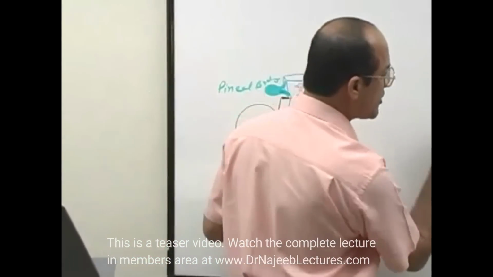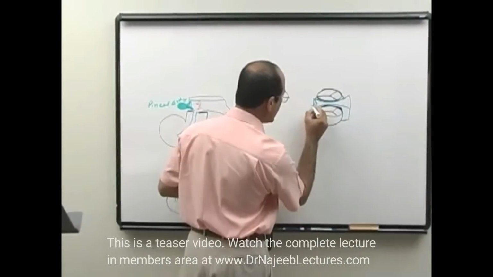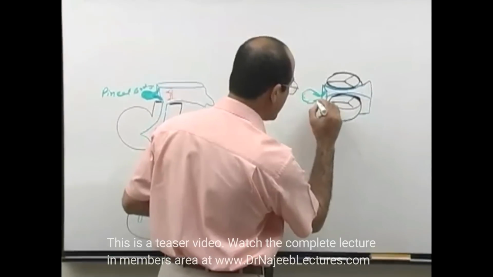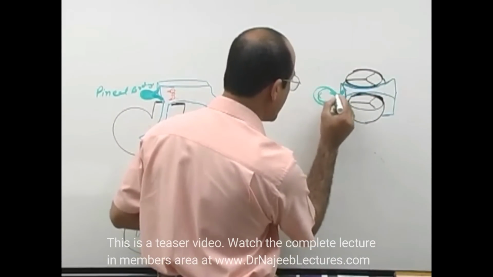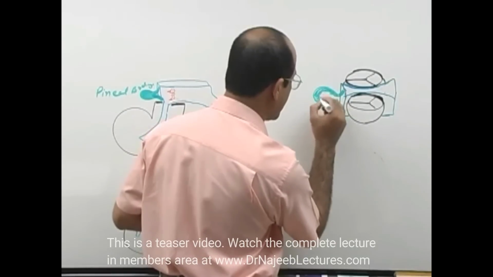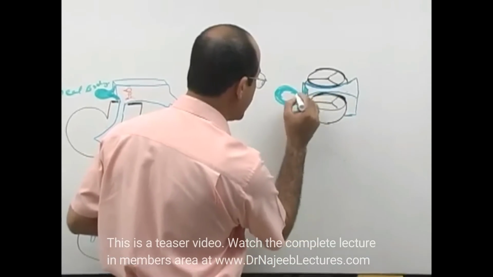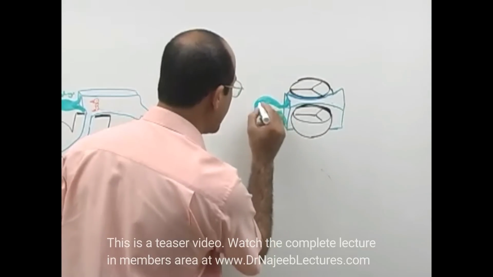So we will put in this structure here. Yes, pineal gland. I made it a little larger, out of proportion, so that you really remember. The pineal gland is present as a median swelling backward, right?